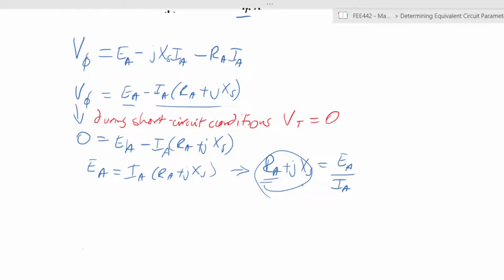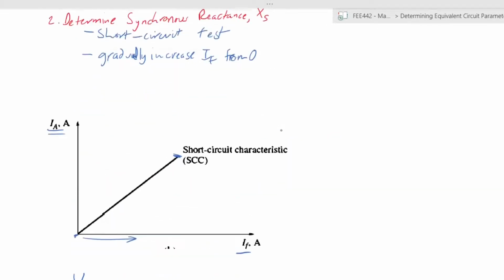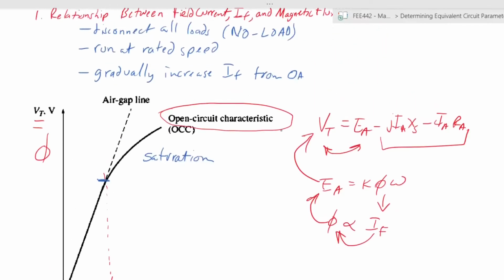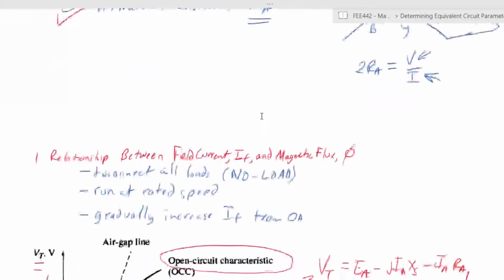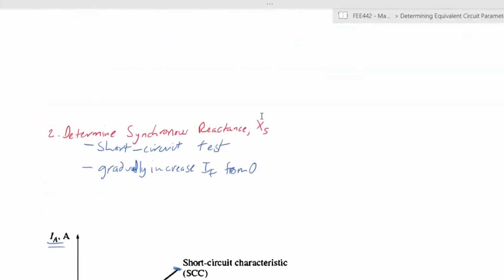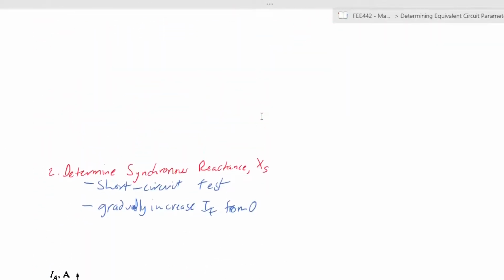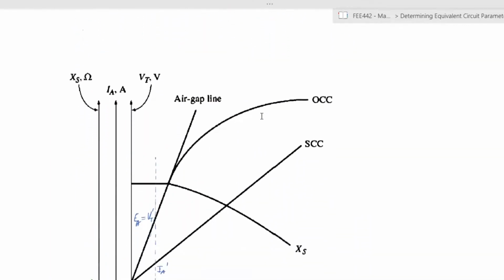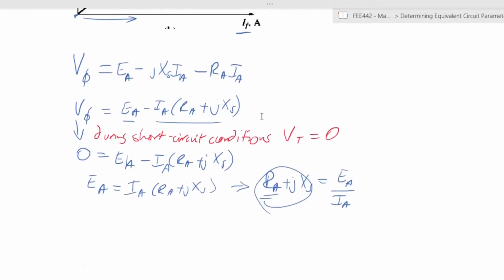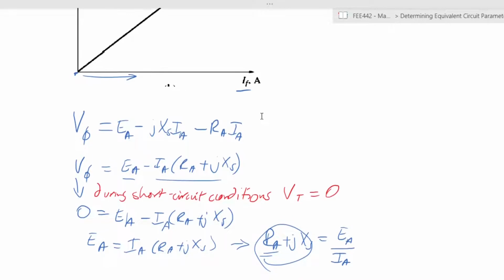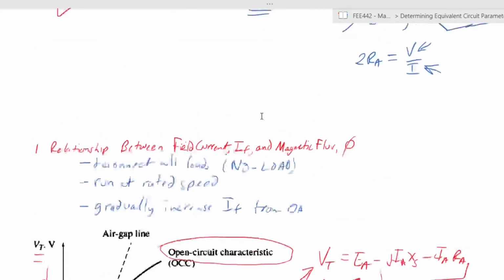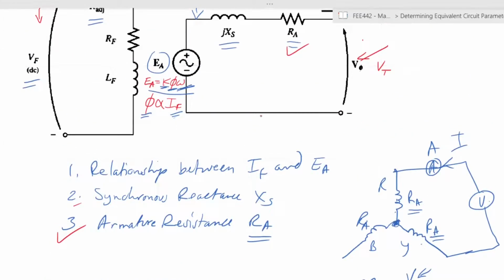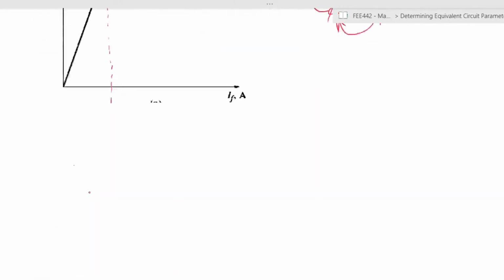Whatever voltage is induced, whatever EA is, you'd be able to determine the value of the reactance that is inside there. So that would end up giving us a list of voltages that we can make use of in order to determine the synchronous reactance.